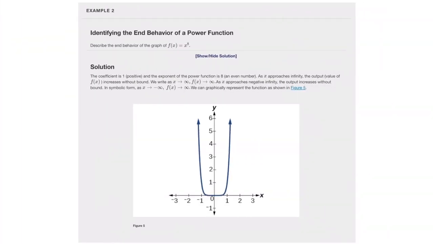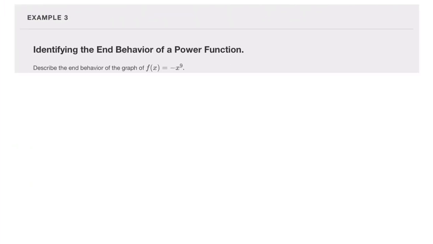Okay, so the coefficient is 1, which is positive, and the exponent is 8, which is an even number. As x goes to infinity, y goes to infinity. As x goes to negative infinity, y goes to infinity. Okay, so we get something like this. Describe the end behavior of this graph. So now we have a negative.